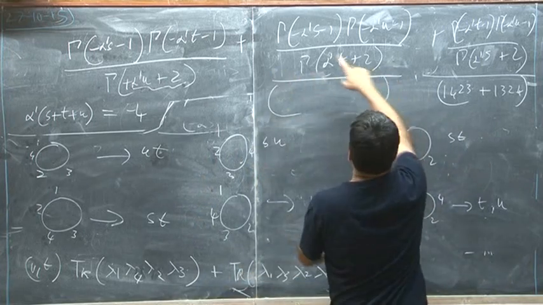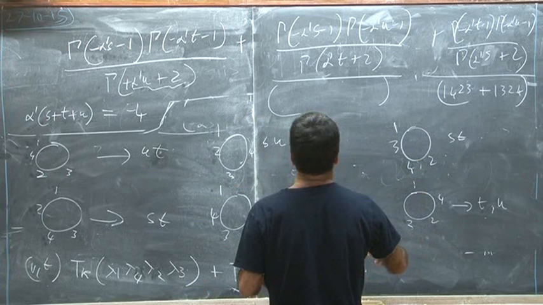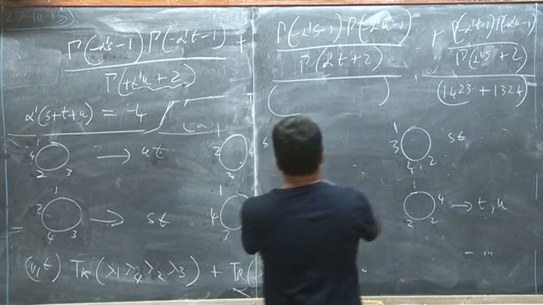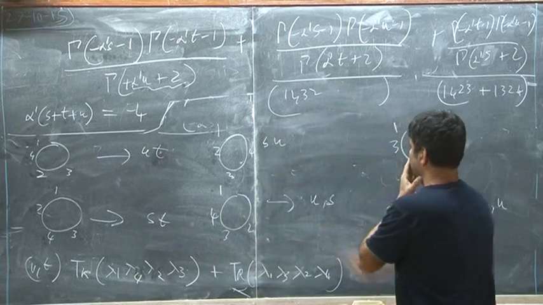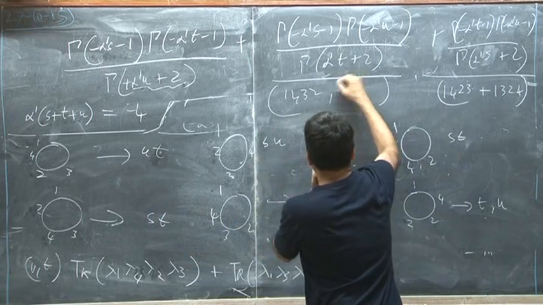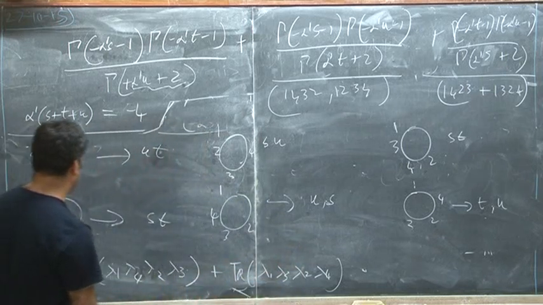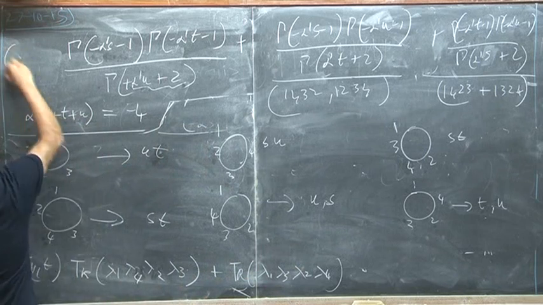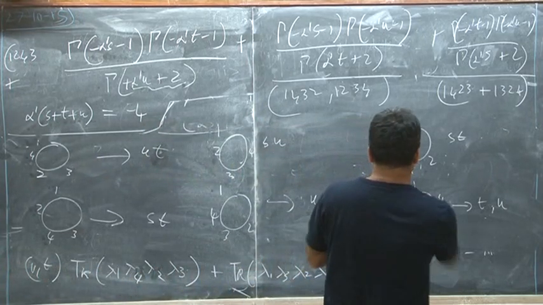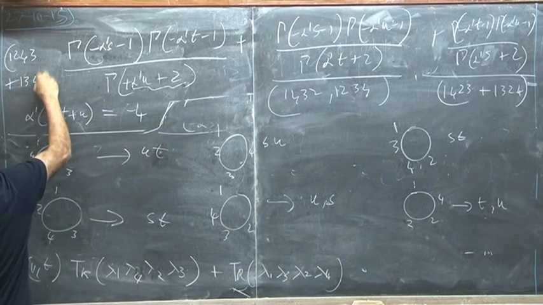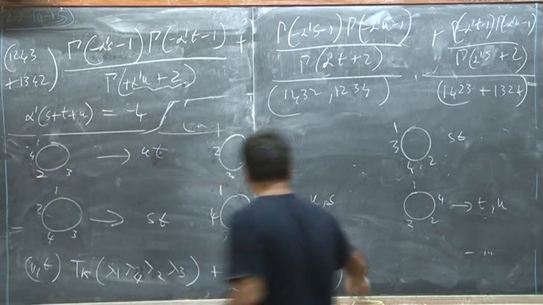So this guy, which is SU, SU was 1, 4, 3, 2, and this one 1, 2, 3, 4, and this guy, which is ST, was 1, 2, 4, 3. 1, 2, 4, 3 plus ST was also 1, 3, 4, 2. Okay, right. Now that we have this, we can rub out these circles and proceed.